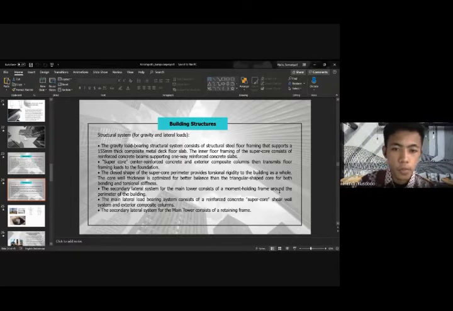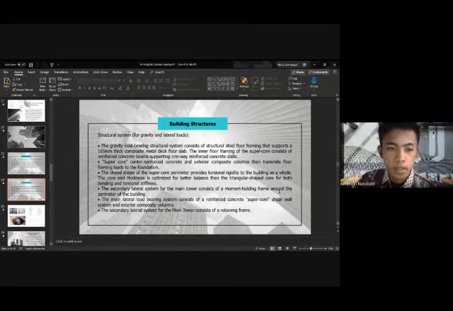The gravity load-bearing structural system consists of structural steel framing that supports a 155 mm thick composite metal deck floor slab. The inner floor framing of the supercore consists of reinforced concrete beams supporting a one-way reinforced concrete slab. The supercore of reinforced concrete and exterior composite columns then transmit floor framing loads to the foundation.